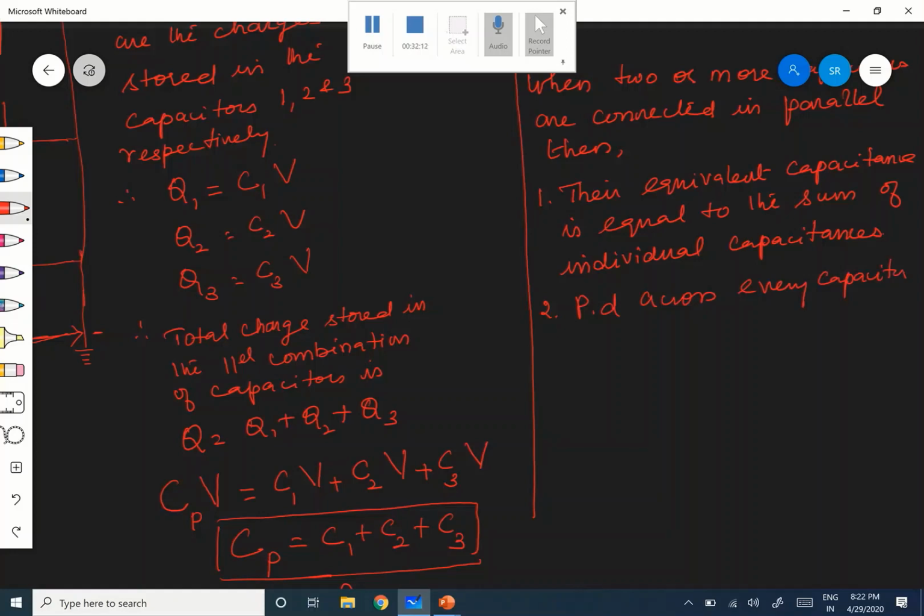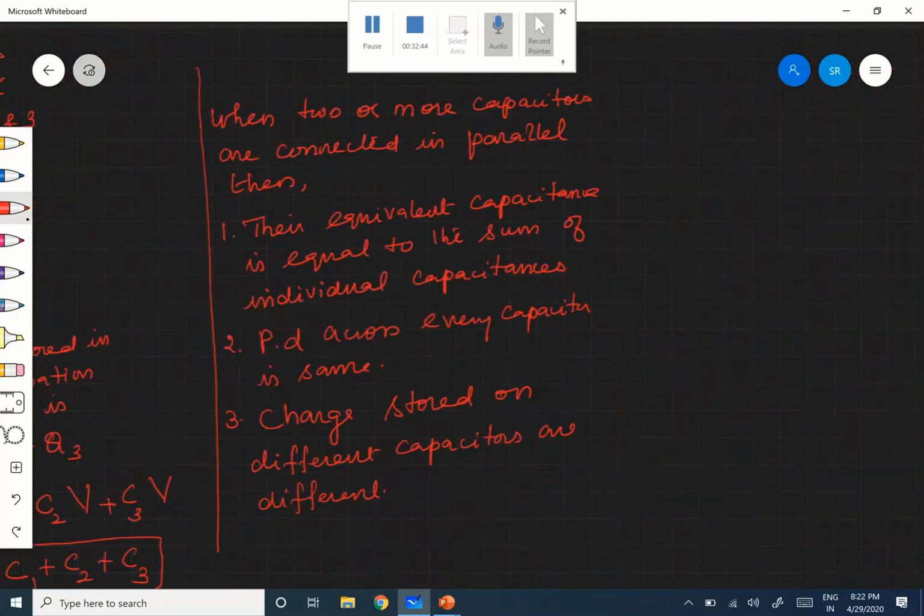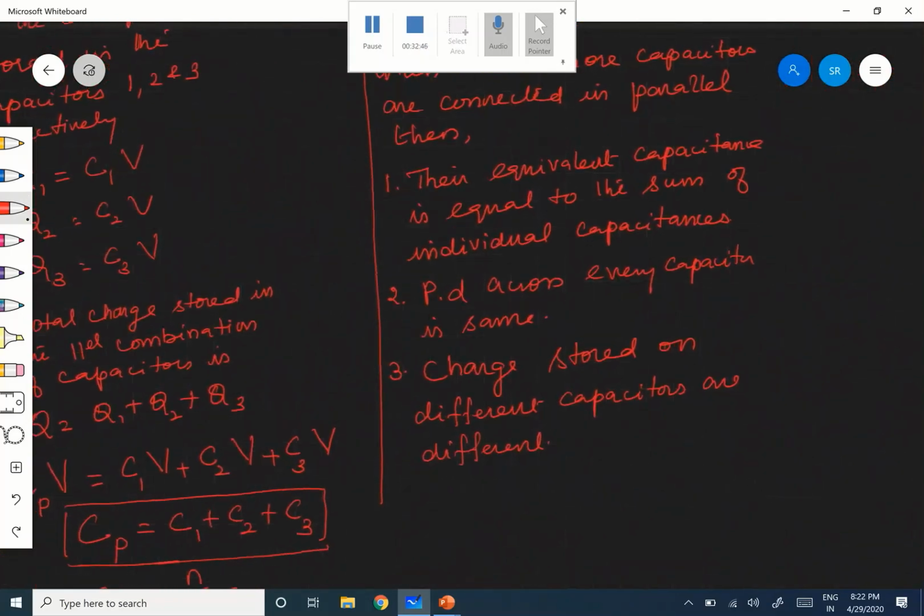But the charge stored on different capacitors is different.